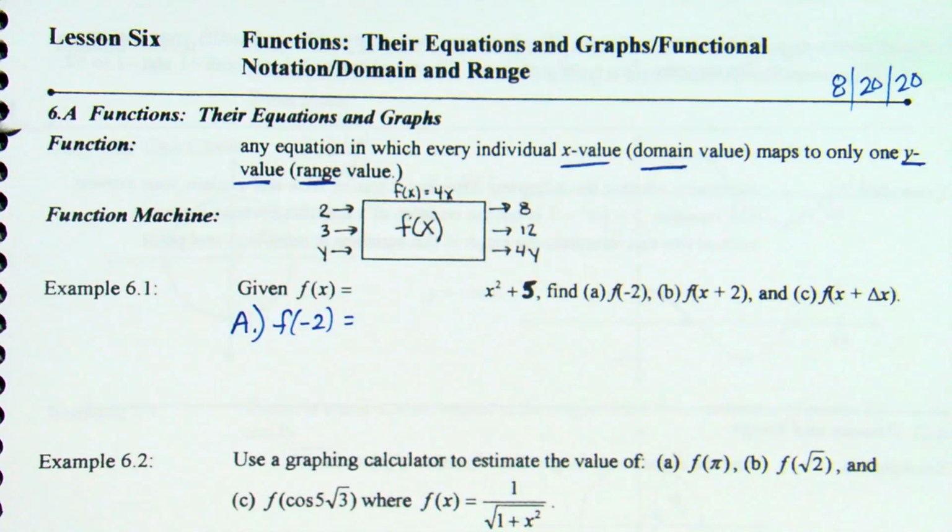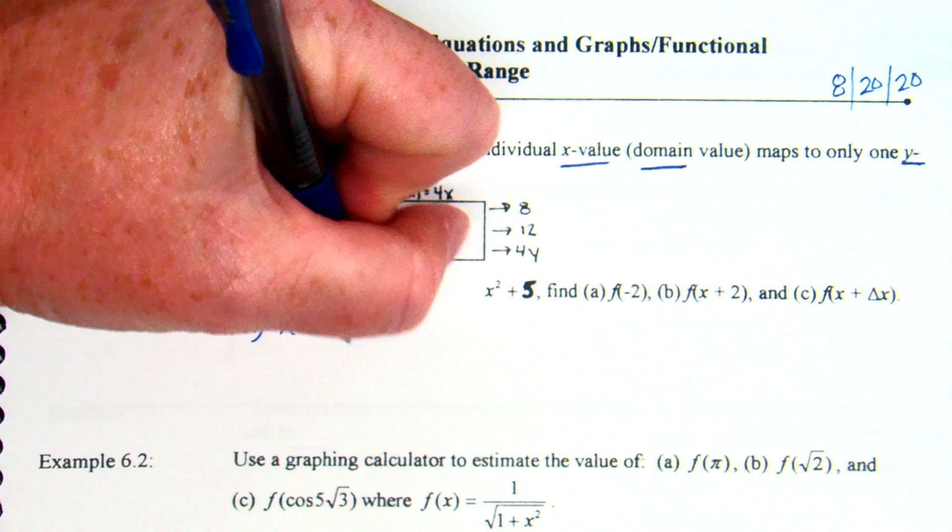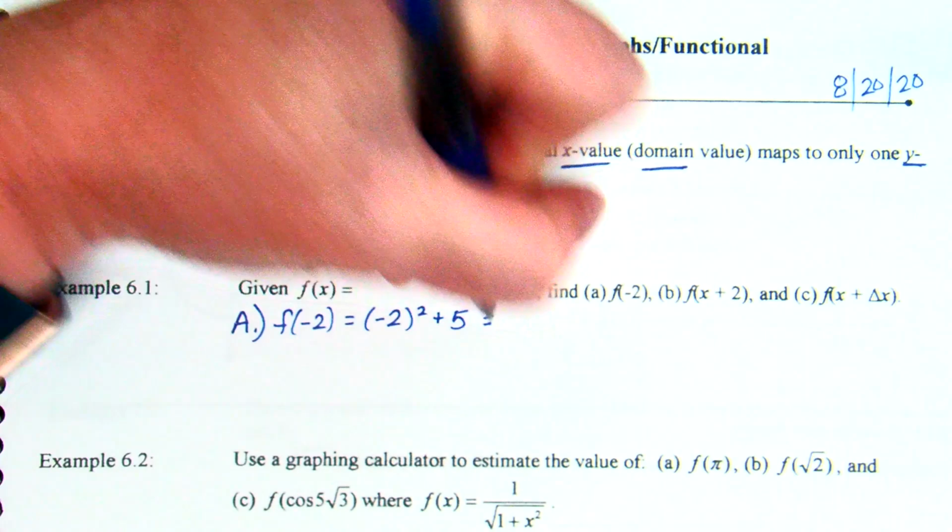Okay, so let's try A. If A asks us to find f of negative 2, what's the idea? How do functions work like this? Right. Every place you see an x, we're going to replace it in this problem with negative 2.